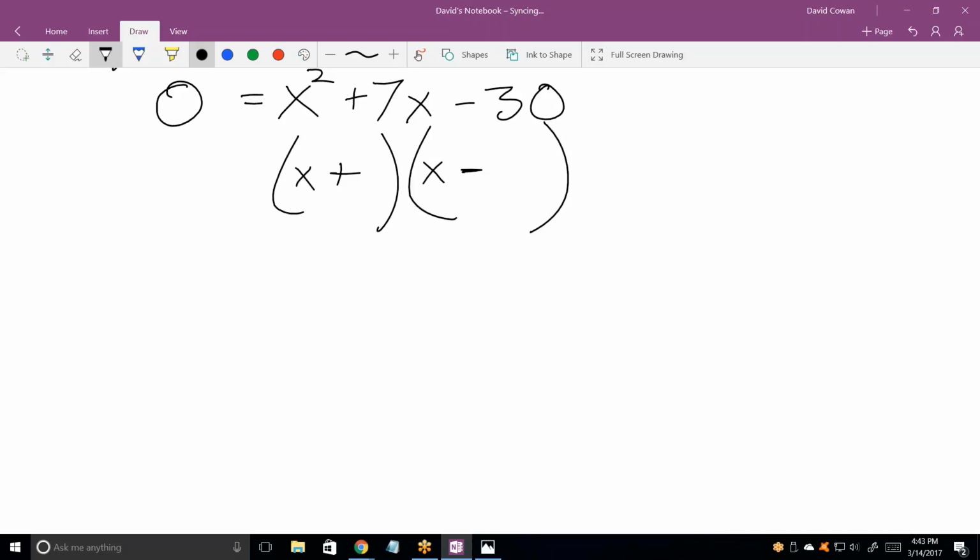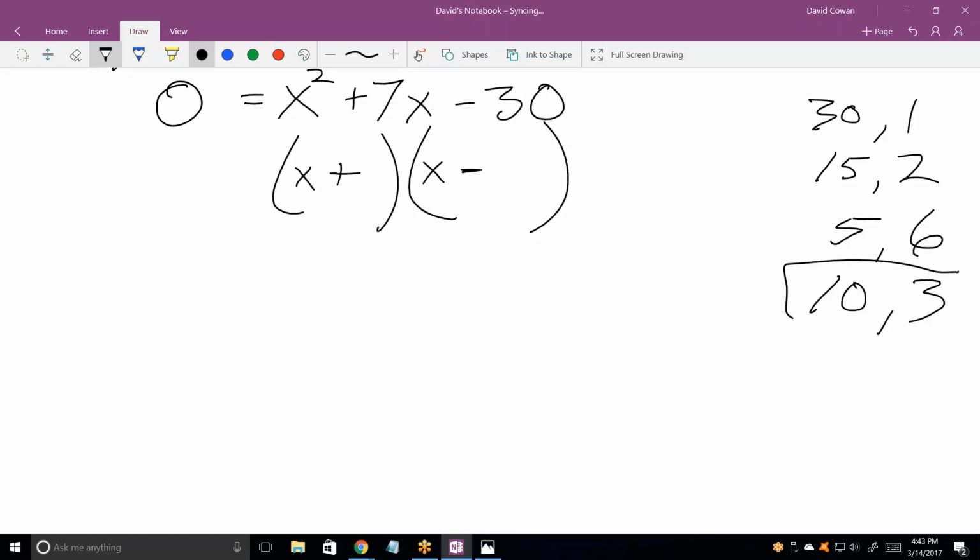Now I'm looking for factors of 30 that subtract to the number 7. Well, if I go over here and I start factoring 30, I get this, and then I can't cut that in half, but I can cut it in thirds, which means I got to triple that. And now I can double 5 and cut the 6 in half.